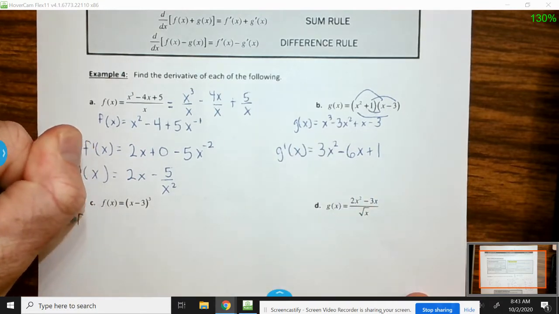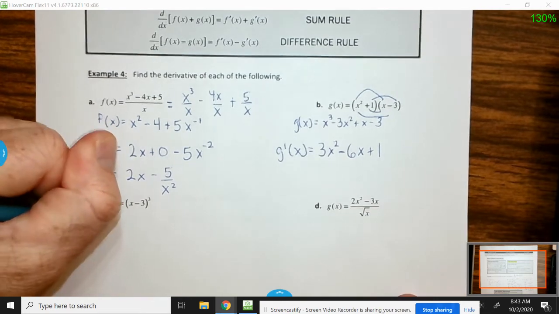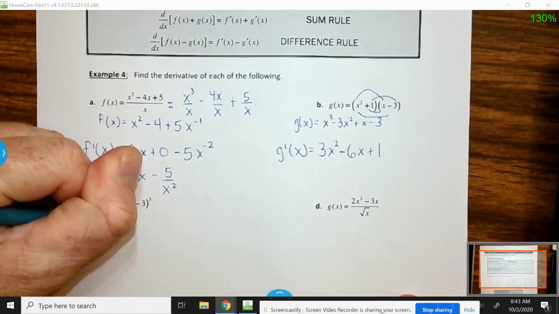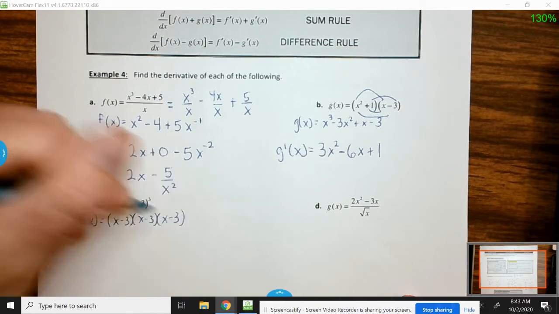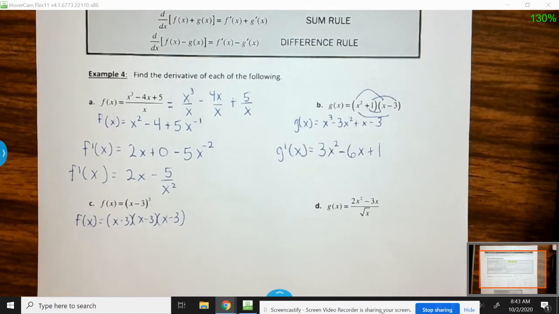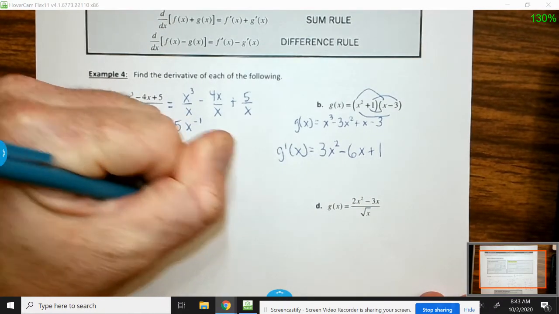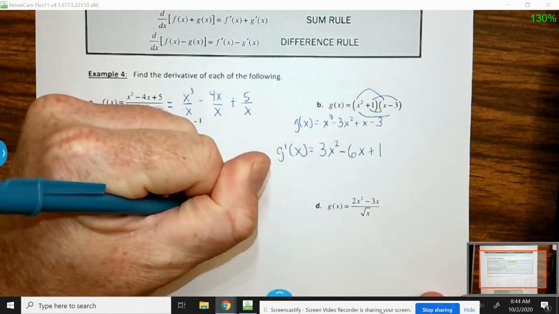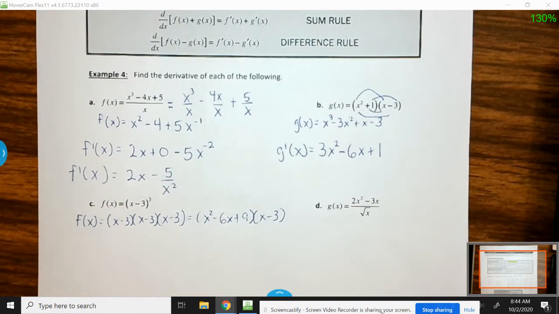Okay, when I have this one, basically, I would probably say that it's x minus 3 times x minus 3 times x minus 3, right? And just rewriting, I know anytime I multiply x minus 3 times itself, I get this, x squared minus 6x plus 9.